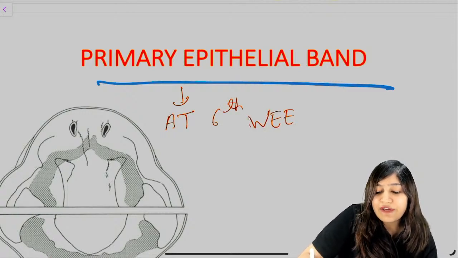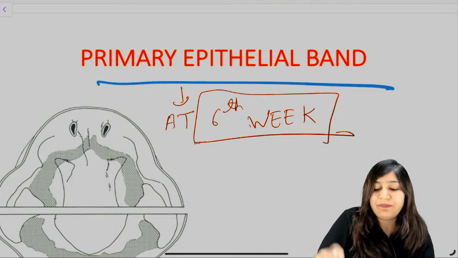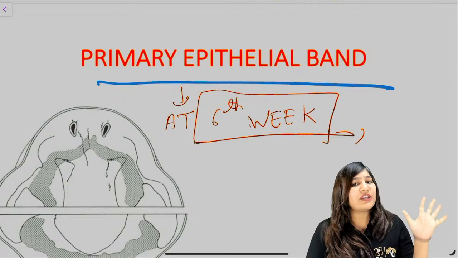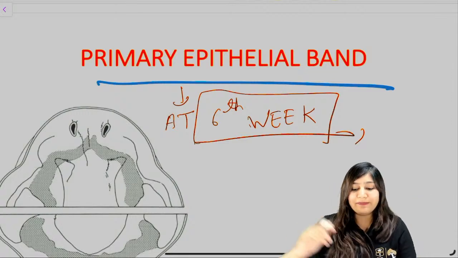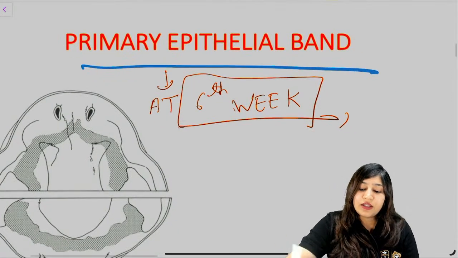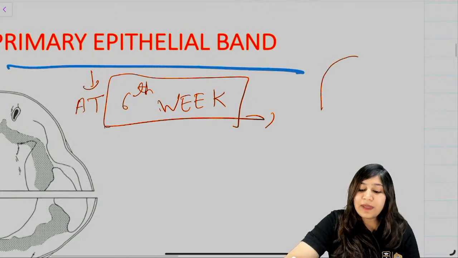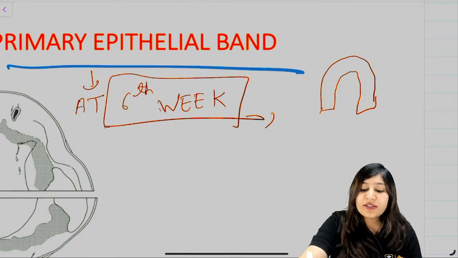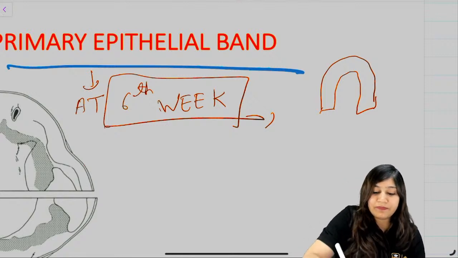At 6th week of intrauterine life, what will happen? Our primary epithelial band will be formed by the proliferation of ectodermal cells. This primary epithelial band is mainly a horseshoe shaped band.